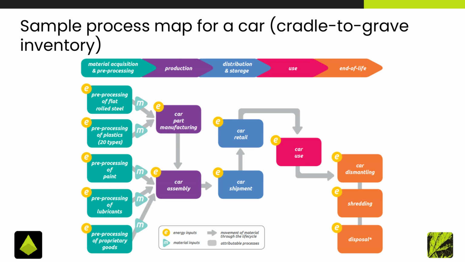Once assembled, cars are shipped and distributed to retailers. In the retail phase, the cars reach consumers and enter the use phase, marking a significant portion of their environmental impact. After their life cycle, cars are dismantled, shredded, and disposed of or recycled. This map highlights the comprehensive path from creation to disposal, guiding efforts to minimize emissions at each stage.